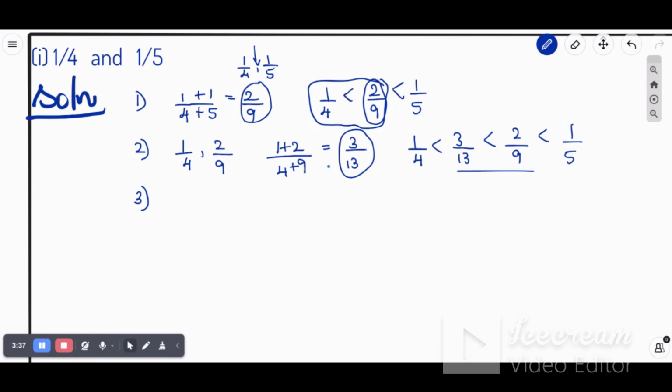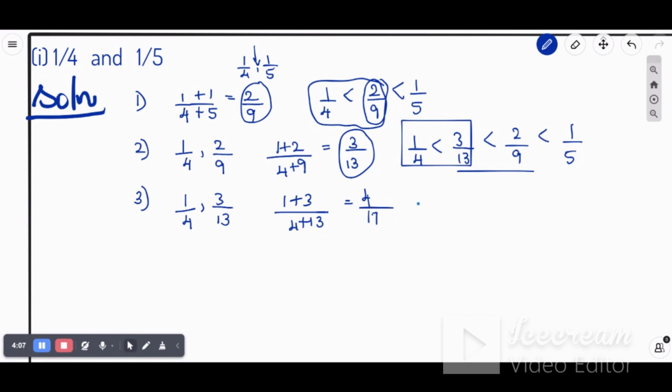So we have found two such numbers. I am going to take the first two again; you can take any two that lie between these. So I take 1 by 4 and 3 by 13 and similarly add the numerators, 1 plus 3, and the denominators, 4 plus 13. So this is equal to 4 by 17.